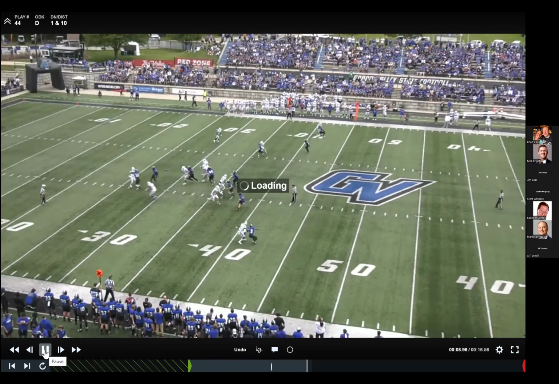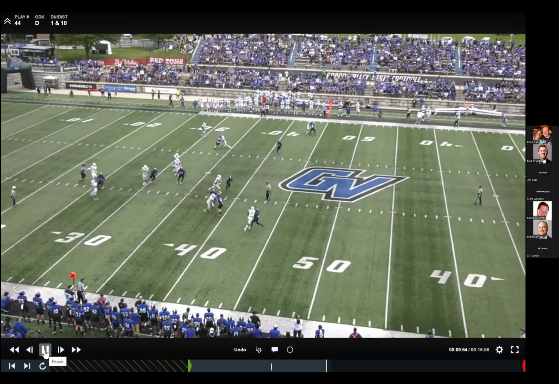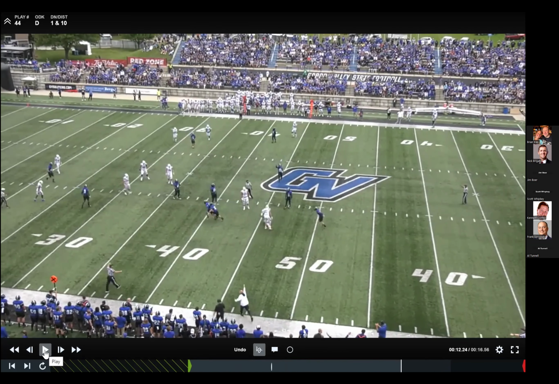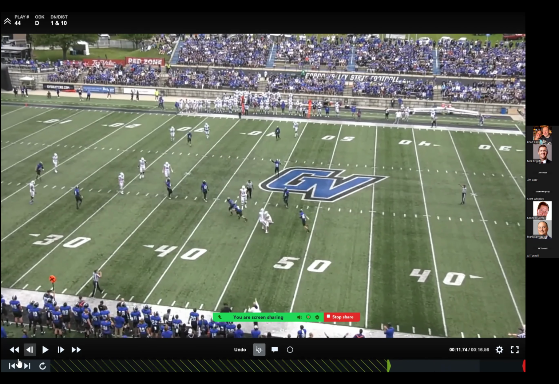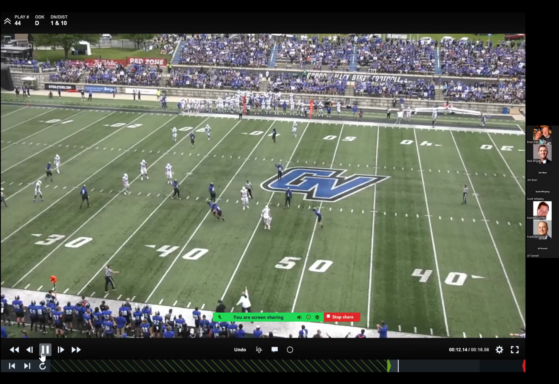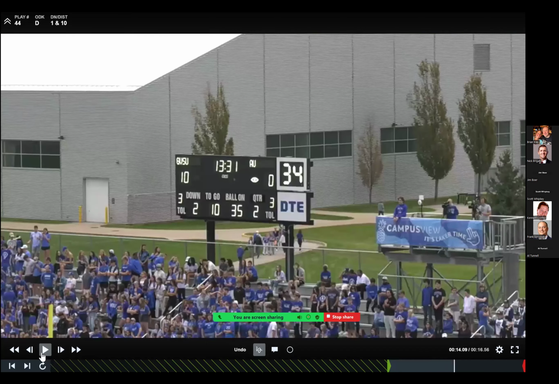I don't know why it's having trouble loading, but we get the same kind of thing with the back coming across and possibly blocking downfield. Let's go back to the beginning and see. I guess my internet's a little questionable.